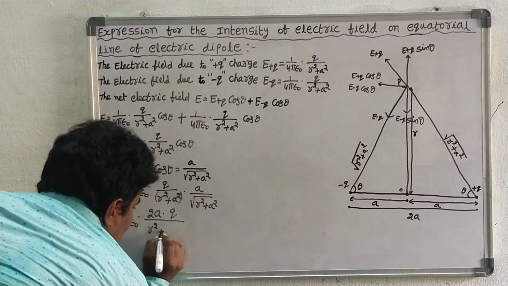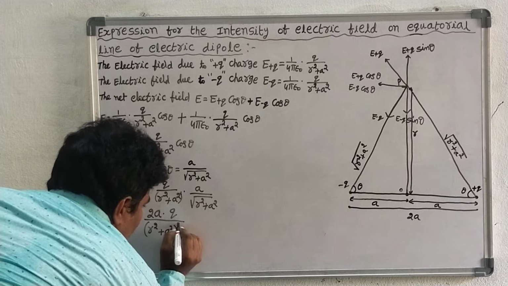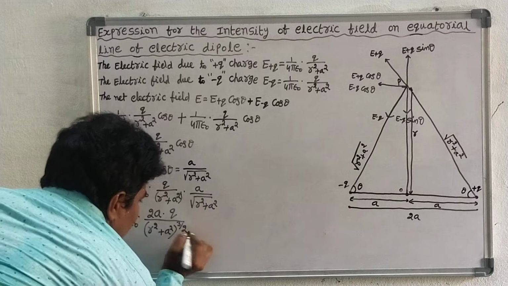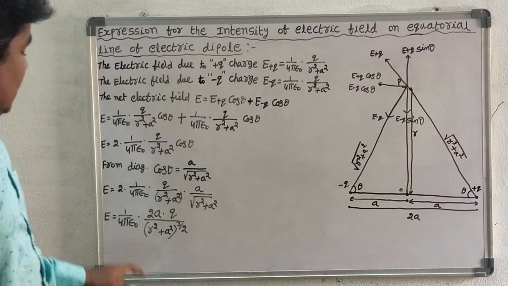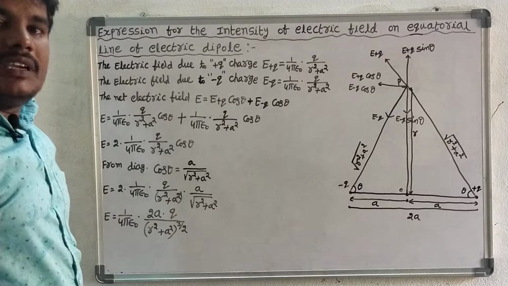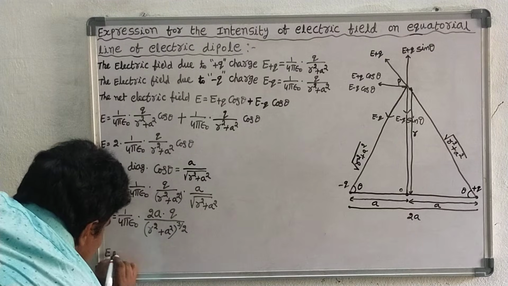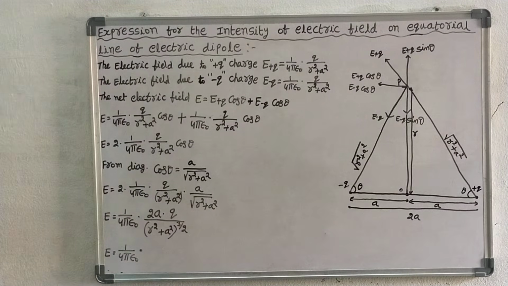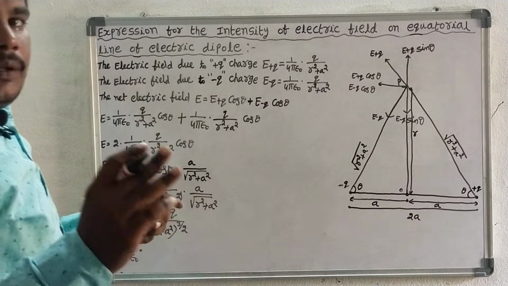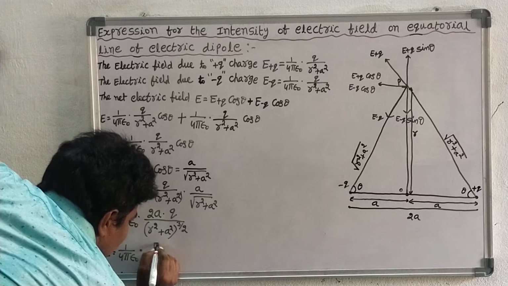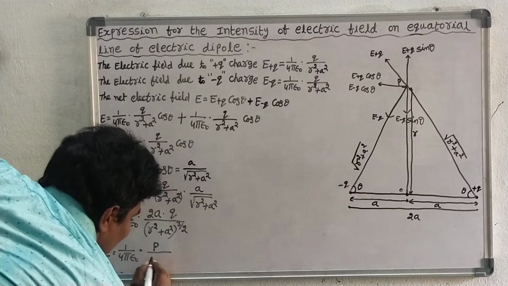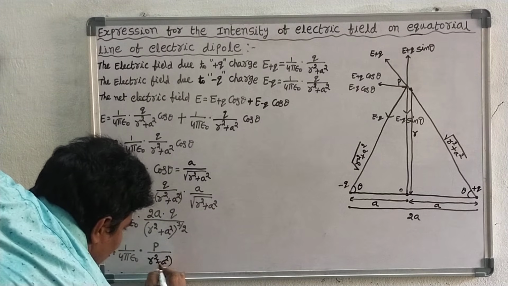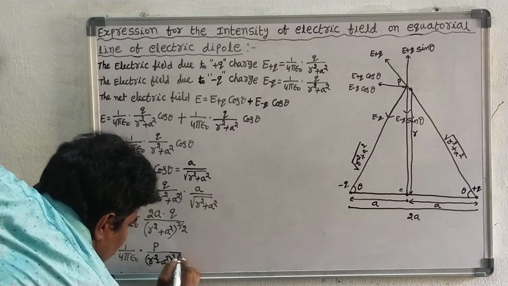So r square plus a square whole to the power of 3 by 2. But what is 2aq? 2aq is dipole moment. So E is equal to 1 by 4 pi epsilon naught into 2aq, the dipole moment, that is represented by p, by r square plus a square whole to the power of 3 by 2.